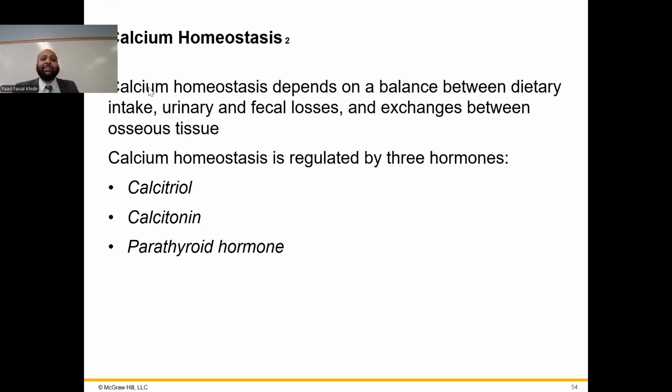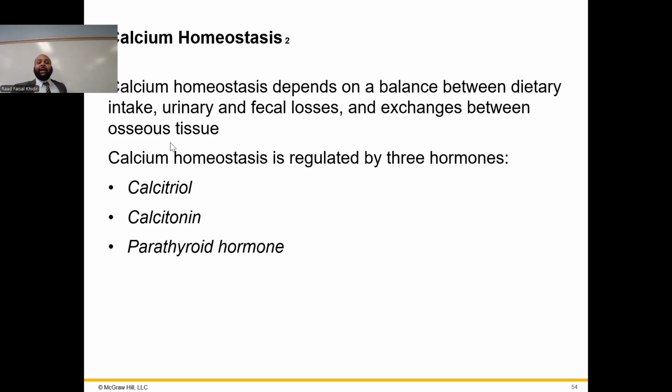Number one, calcium homeostasis depends on a balance between dietary intake, urinary and fecal losses. So if you eat too much calcium, that's a problem. If you lose too much calcium in the kidney, that's a problem.